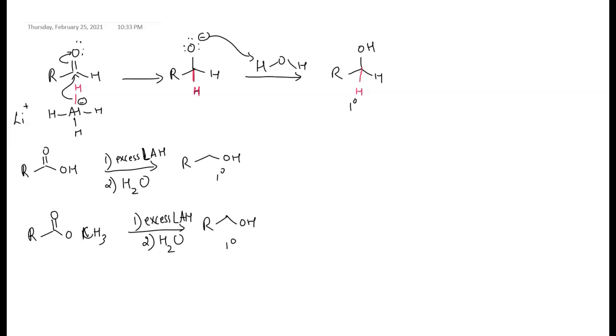with carboxylic acids. So this is a carboxylic acid, and the second one here is an ester. Okay, so I'm not showing the mechanism here, but this is what you will get. Carboxylic acids can be reduced to primary alcohols, and esters can also be reduced to primary alcohols, but only with lithium aluminum hydride.